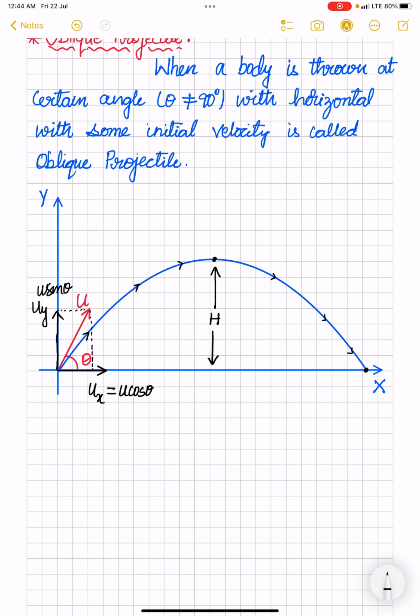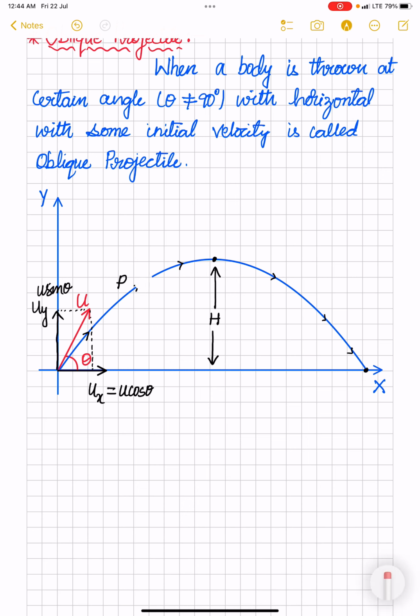Now during its motion, let us consider a particular point over here. Denote this point as P. At point P, the velocity of the particle will be along the tangent, right?